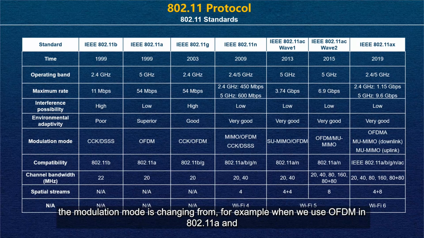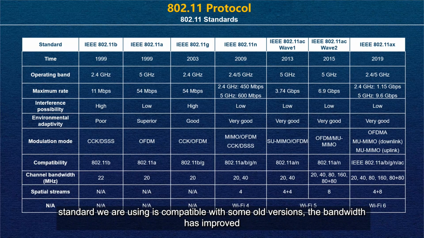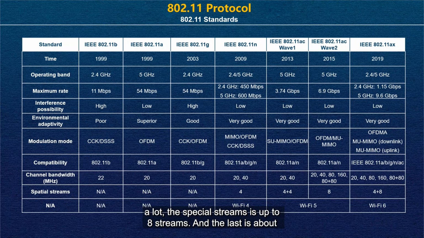The modulation mode is changing, for example, from when we used OFDM in .11a, and now in .11ax we use OFDMA, MU-MIMO for downlink and uplink, right? And the standard we are using nowadays is compatible with some old versions, right? The bandwidth has improved a lot. The spatial streams can be up to 8 streams, okay?